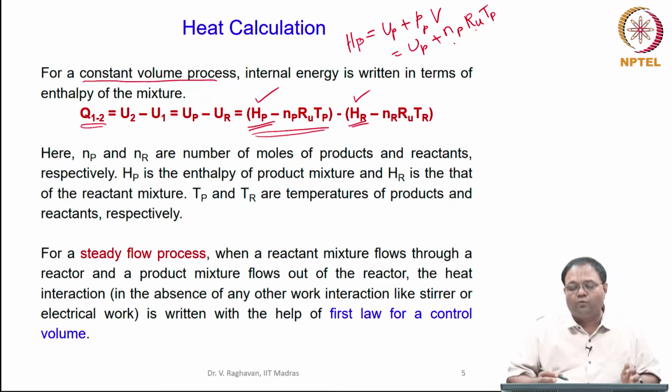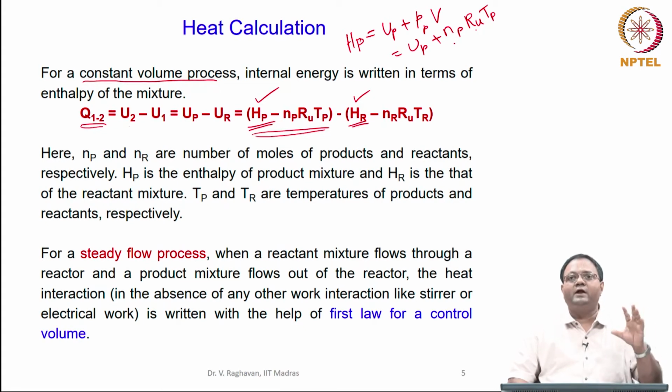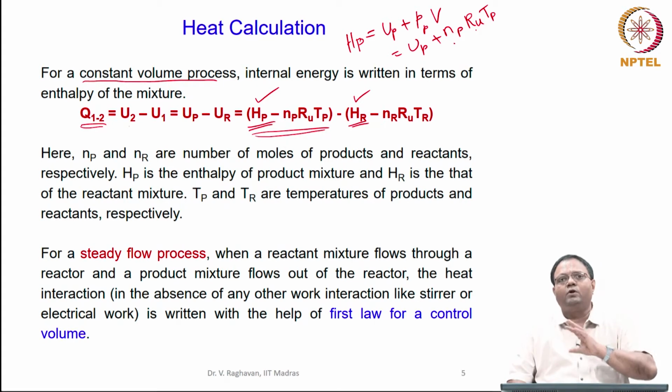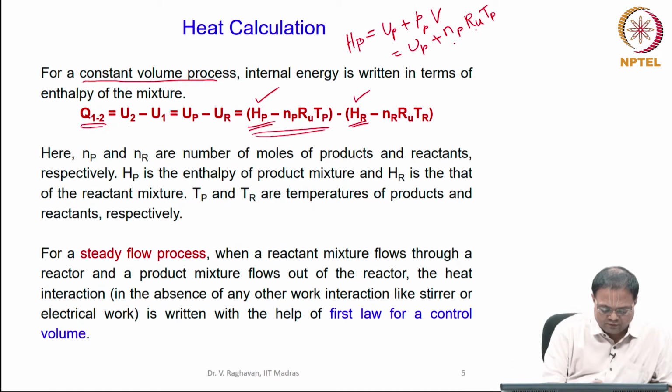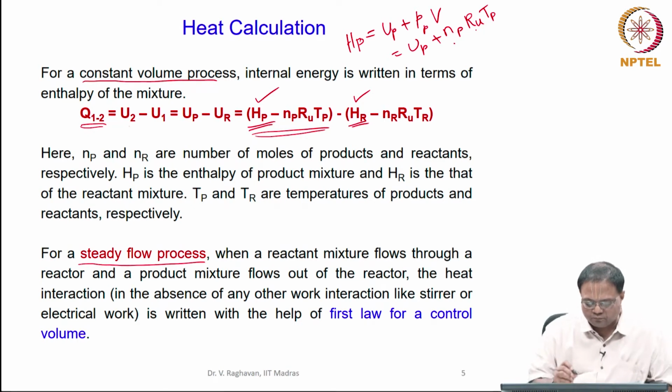In this control volume, mostly after initial transient, time dependent operation, the process will be continuously steady state. Normally we continuously feed reactants and products come out, and the variations are not much with time. So it's almost a steady state, steady flow process. So let us consider such a steady flow process.